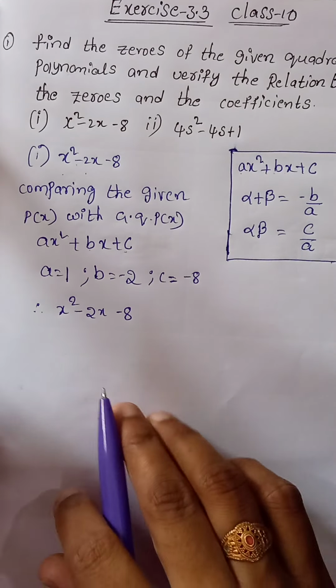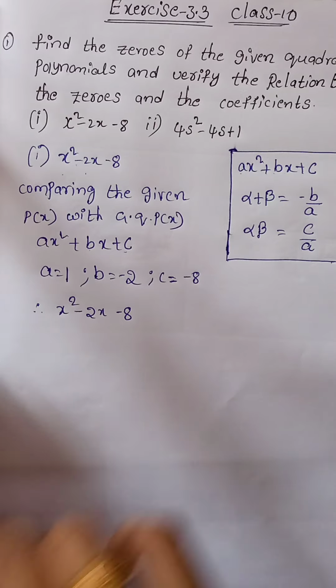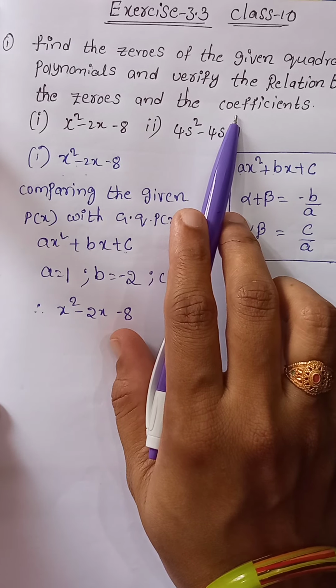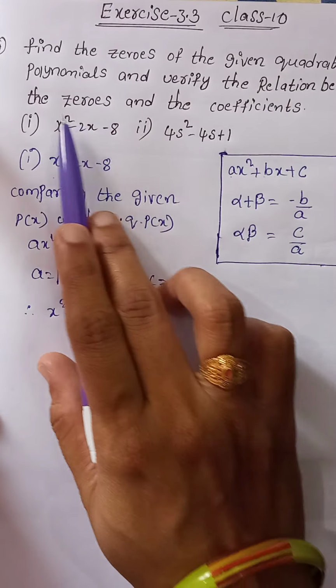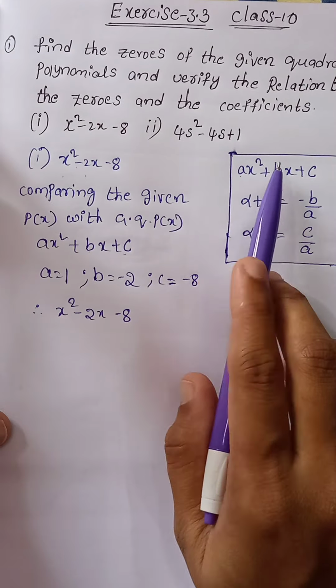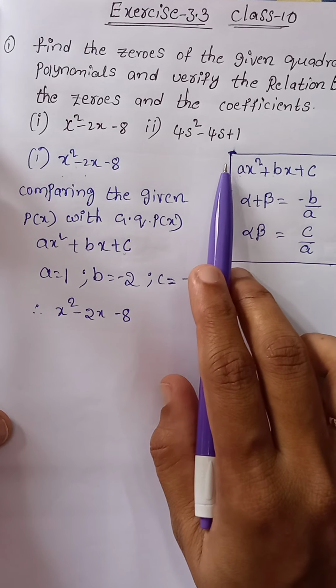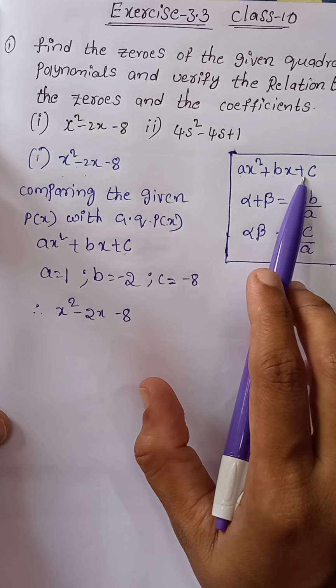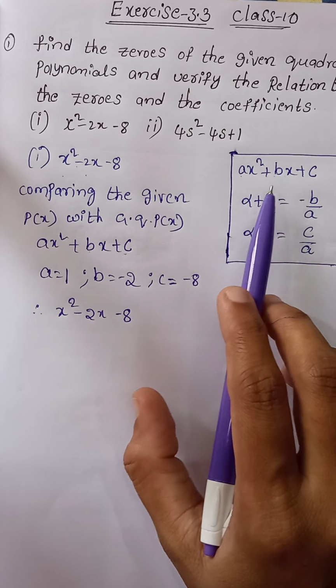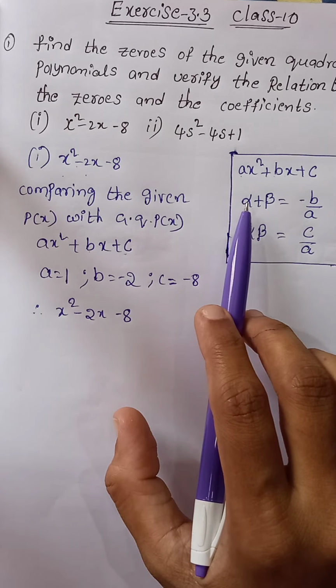Now you need to understand what the relationship is between the zeros and the coefficients. Suppose by factorizing this quadratic polynomial we get two zeros, alpha and beta.